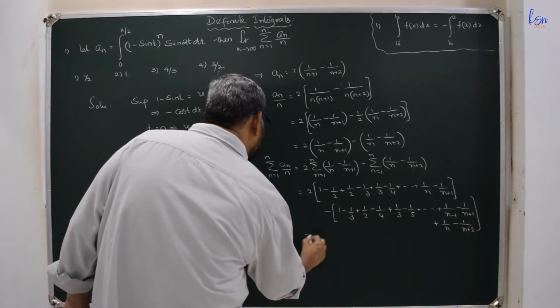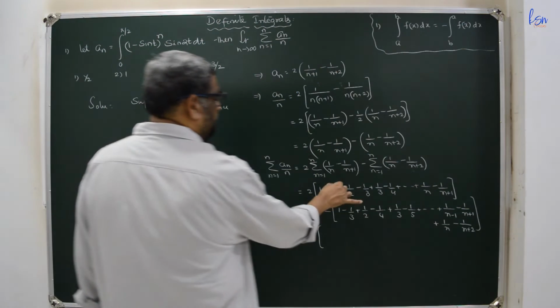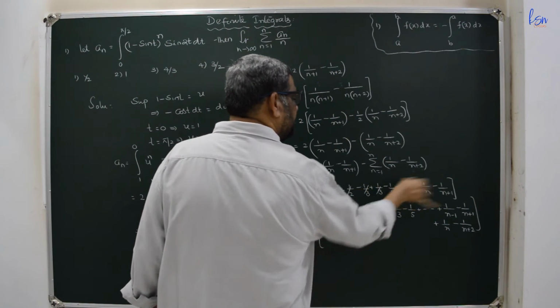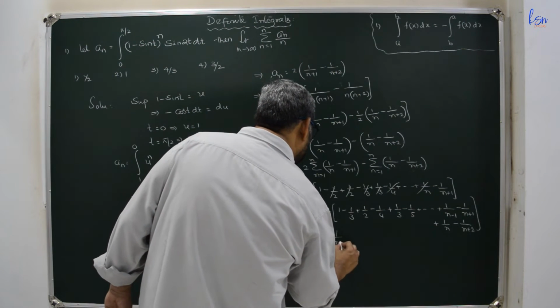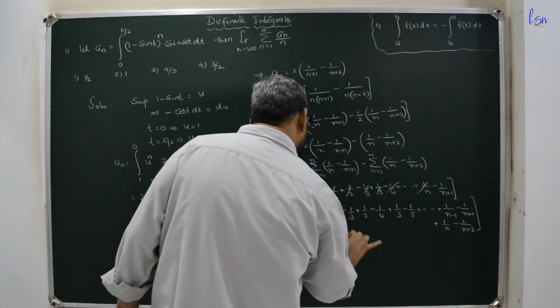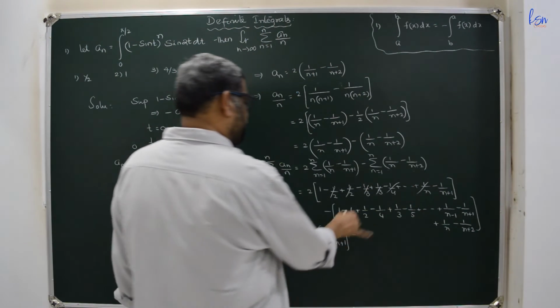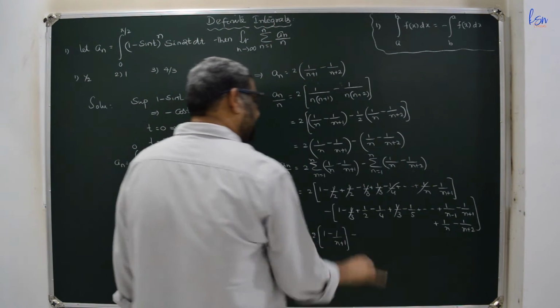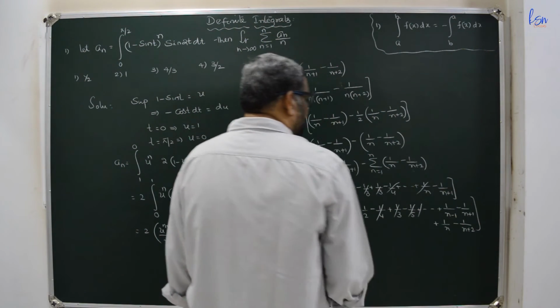So this is equal to 2 into, here 1 by 2, 1 by 2, 1 by 3, 1 by 3, everything will be cancelled. So 1 minus 1 by n plus 1, minus, if you look here, 1 by 3 and 1 by 3 get cancelled. Next 1 by 4 and 1 by 4 get cancelled, like this.